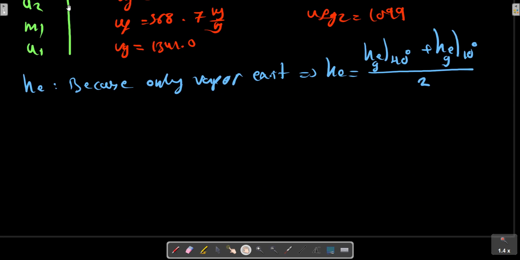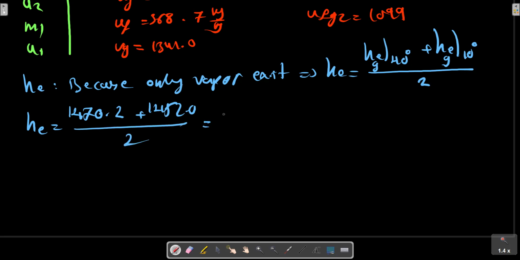From the table B.2.1, hg at temperature 40 is plus hg at temperature 10, the average enthalpy of vapor exit, h_e average. So we calculate hg.